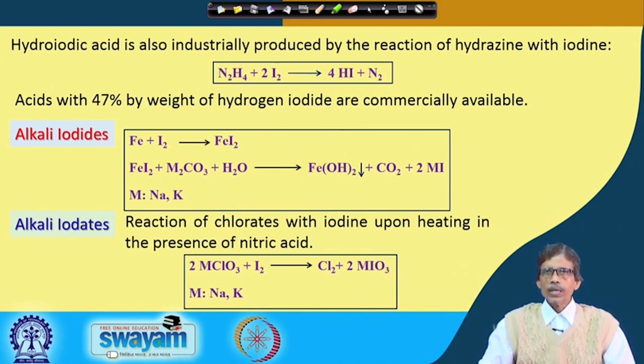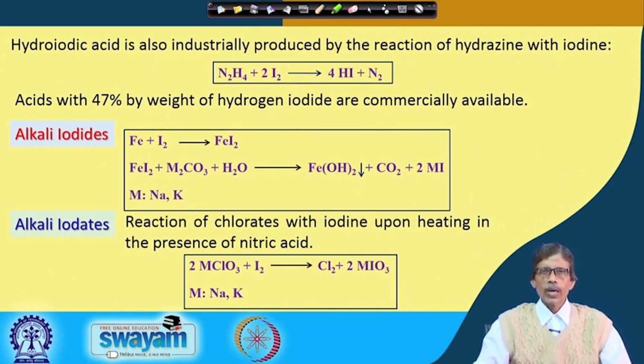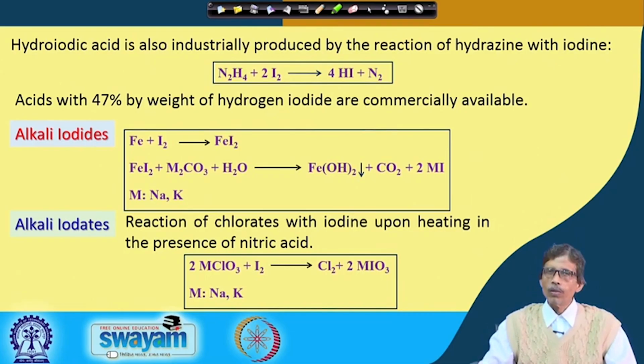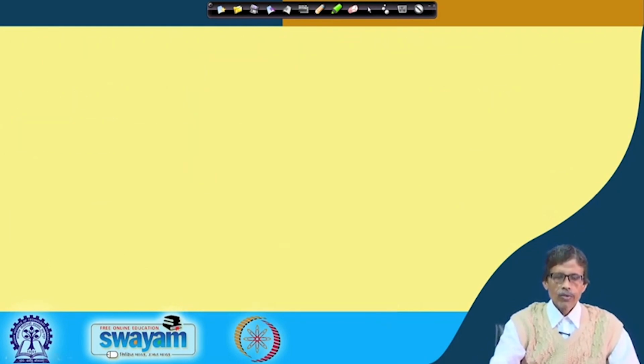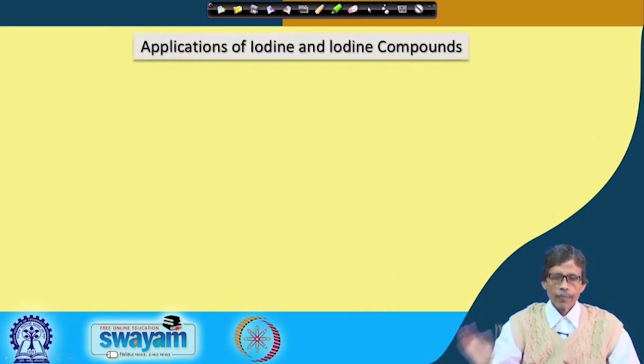Different companies have different routes of making all these things, because they always compete with each other to produce the corresponding compound at a very low cost, cheaply. So, they always try to go for something depending upon the availability of the source material. They try to adopt newer and newer procedures for the production of all this. So, chlorate will be utilized for making this iodate through the utilization of elemental iodine.